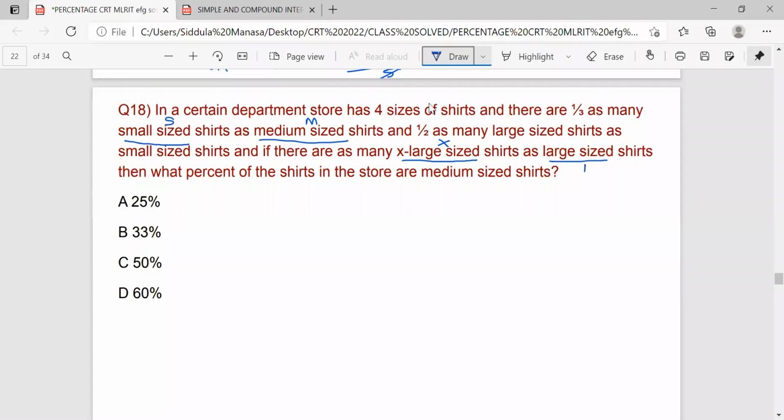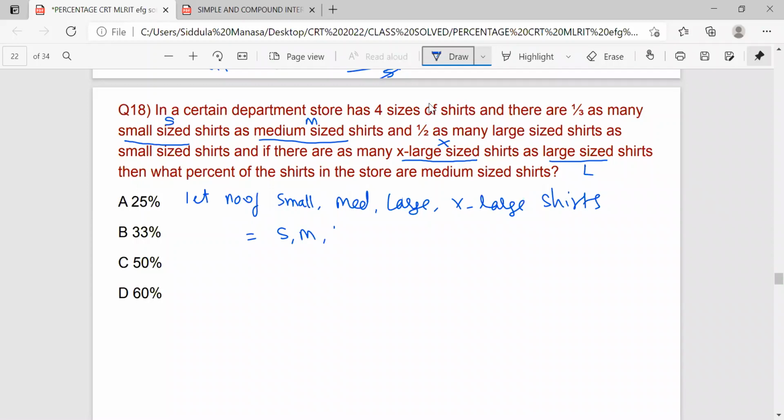We'll treat it as L. So let the number of small, medium, large, extra large shirts be S, M, L, X.